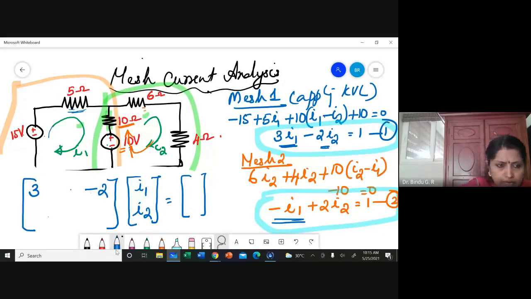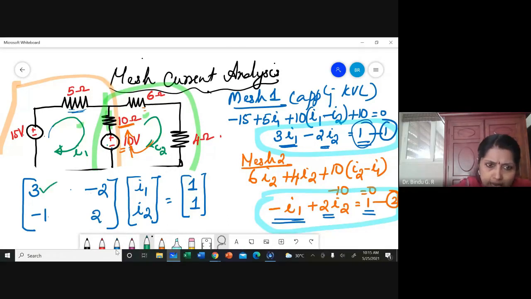Here, minus 1, here 2. On the right hand side, 1 and 1. What I have written is 3I1 minus 2I2 is equal to 1, which is my first equation. Similarly, minus 1I1 plus 2I2 is equal to 1, my second equation.